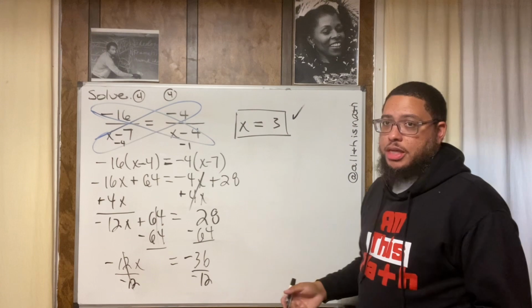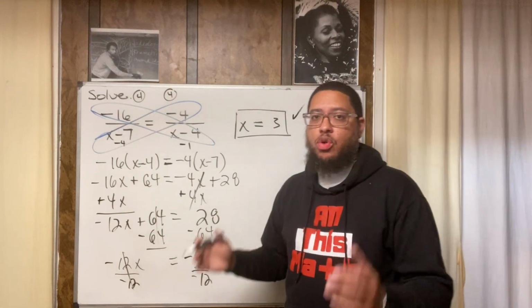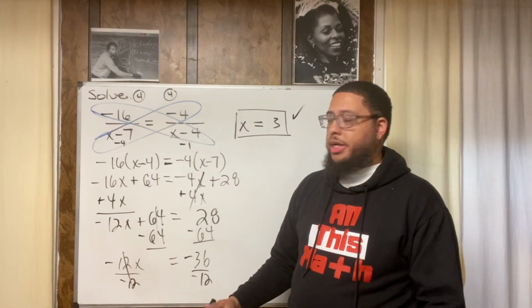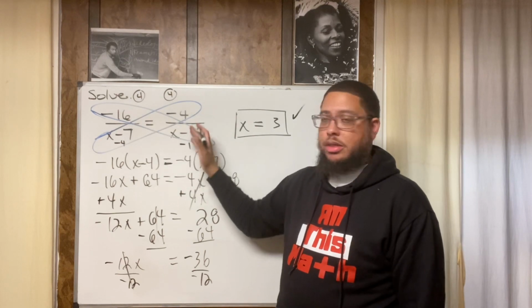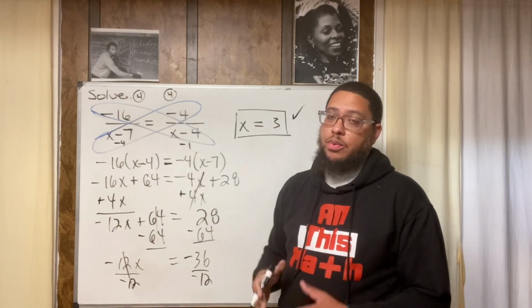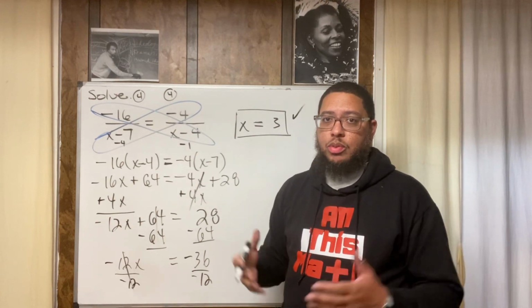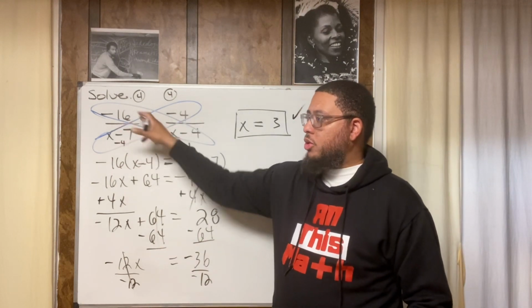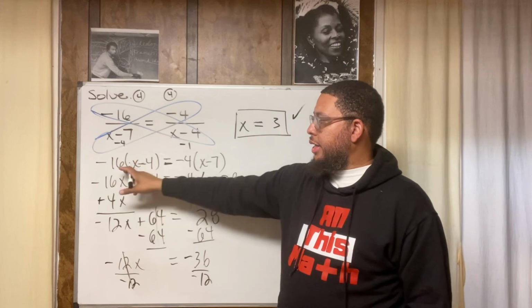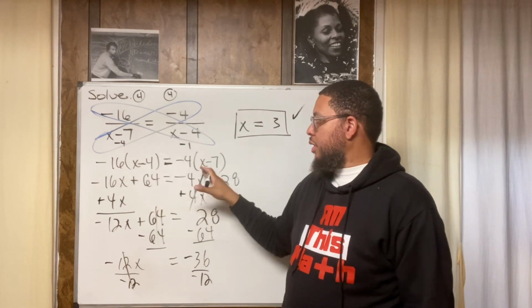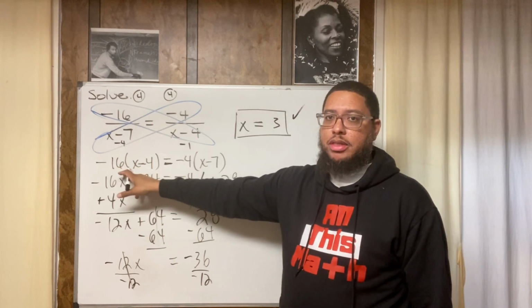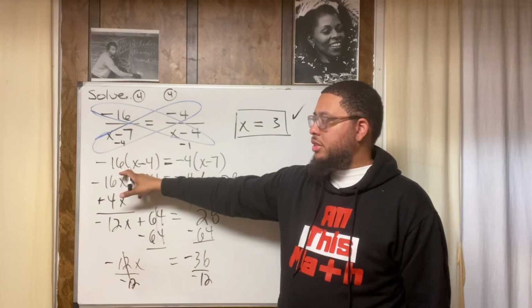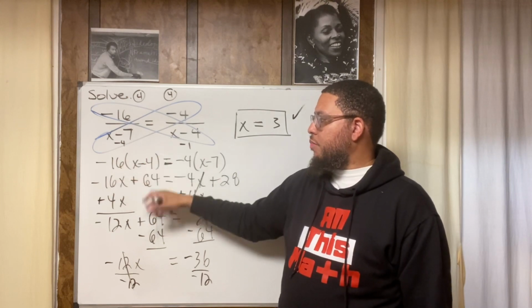But notice what we did. We started out with a proportional equation, meaning we got a fraction equal to a fraction. We want to eliminate the fraction. I use what I call the Malcolm X method because we go in an X formation. And then we get this product is equal to that product. We eliminate the parentheses, so we do the distributive property.